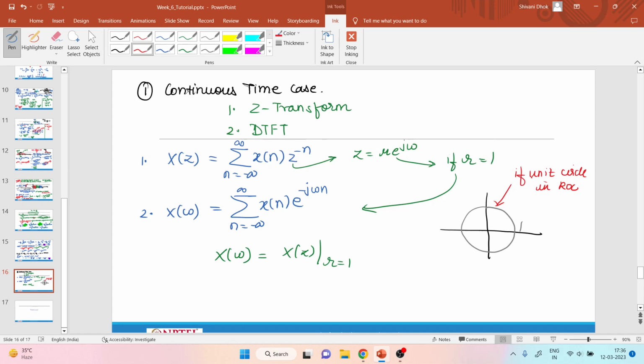If it converges for r equal to 1, then this X of omega converges, which means that the Fourier transform exists. So the ROC must contain the unit circle for existence of the Fourier transform.